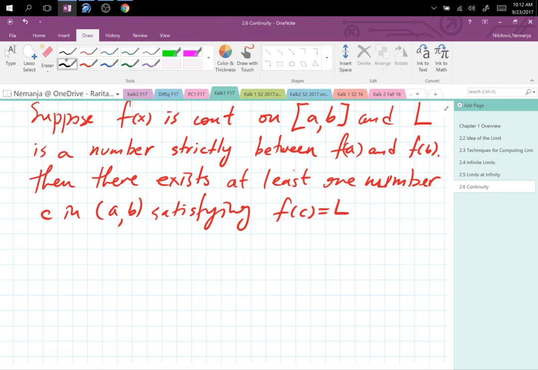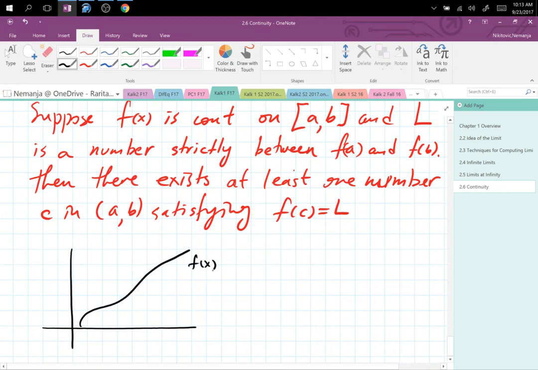But luckily, when we draw two graphs, immediately it makes sense. So say this is the graph, f of x. I pick point A and I pick point B. A is going to give us the answer on the y-axis, f of A, and B is going to give us f of B. So it says there is an L in between, somewhere in between.